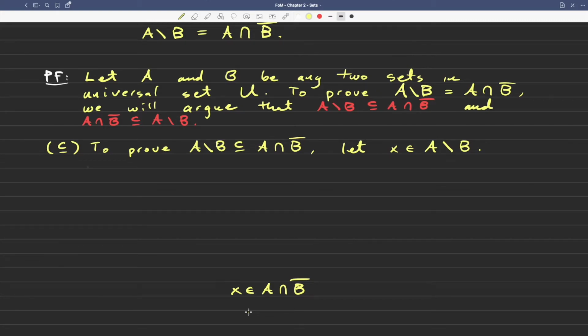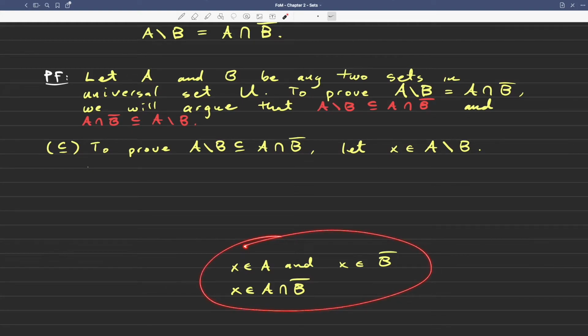Well, the definition of intersection requires that the element be in both of those sets. So just before that, I would need to know that X is an element of A and X is an element of B complement, right? And so I can kind of see what my target is down here. This is kind of what I'm shooting for. It's helpful to keep that in mind.